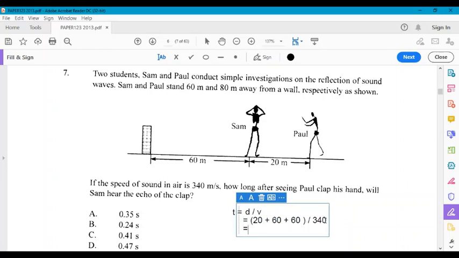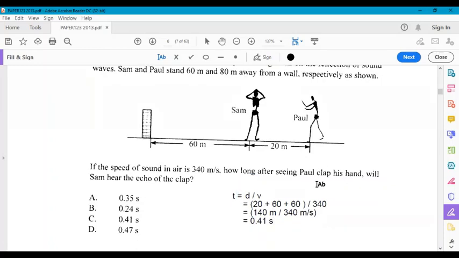Simplifying, that total distance is going to be 140 meters divided by 340 meters per second, and that's going to give us 0.41 seconds. You can pause it and check your answer. Make sure you get the same thing. Our answer is going to be C.